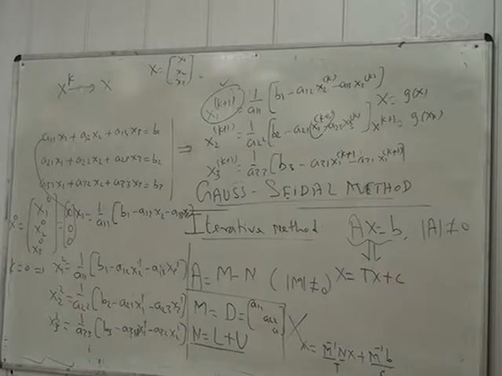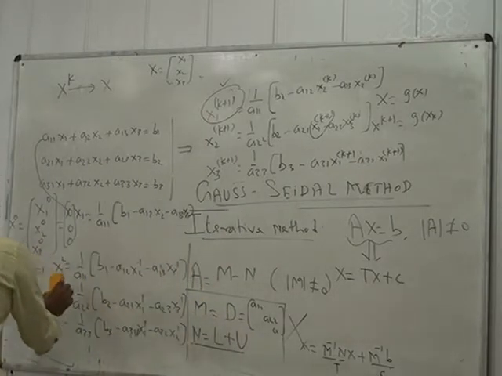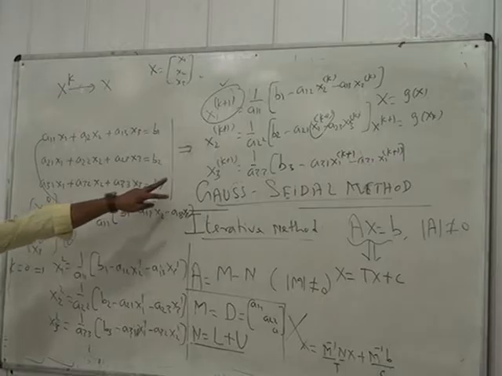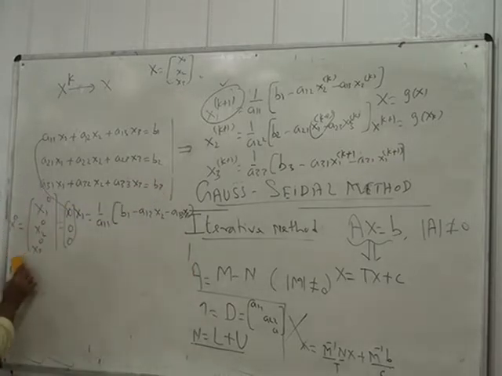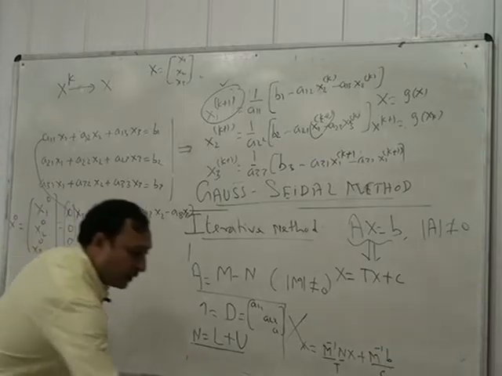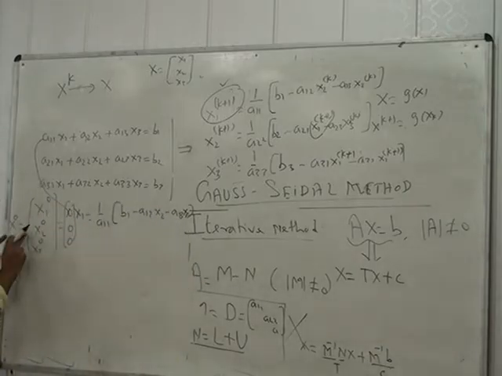Not clear? So if you write it for k equal to 0 for the Gauss-Seidel method, what happens? Tell me, let us write. So what should I write? Tell me clearly. So for k equal to 0, I have x naught already.